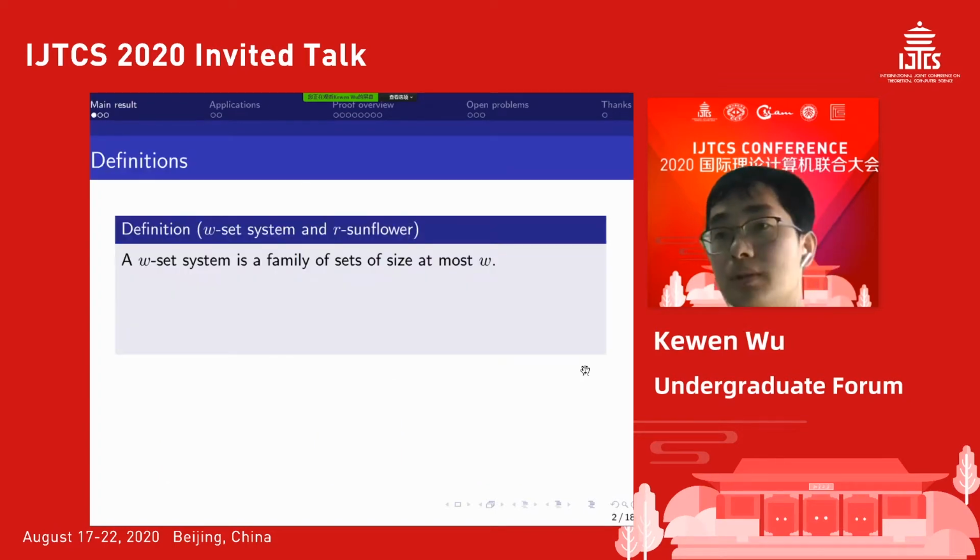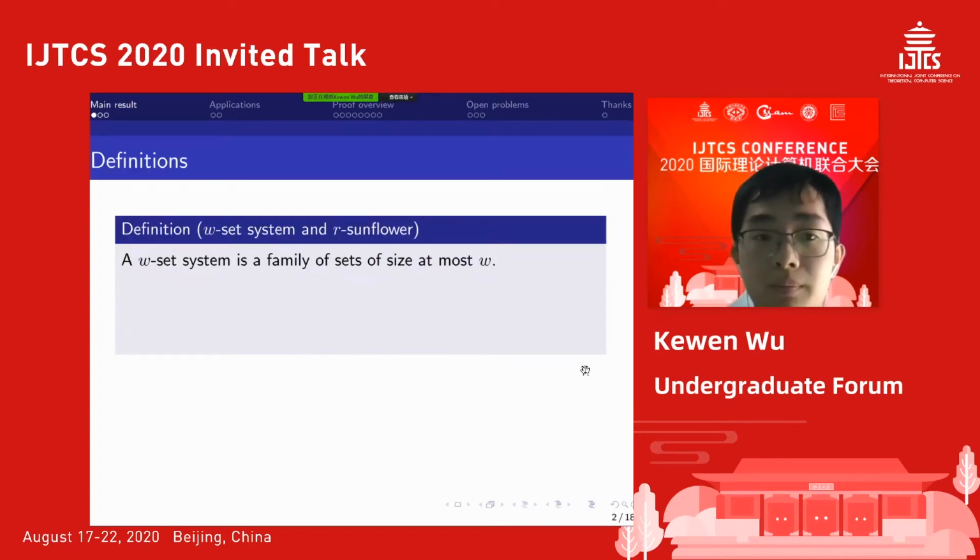So let's start with formal definitions. Here we will define a W set system and sunflower. A W set system is a family of sets of size at most W. Here, this W will be the width of this set system.